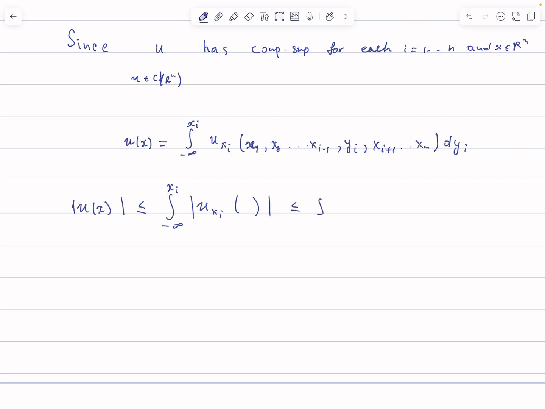This is less or equal than the sum of the xi derivatives squared, so I can write it as the integral from minus infinity to xi of |Du| dyi, and also, because both sides are inside the absolute value, we can take this from xi to plus infinity.